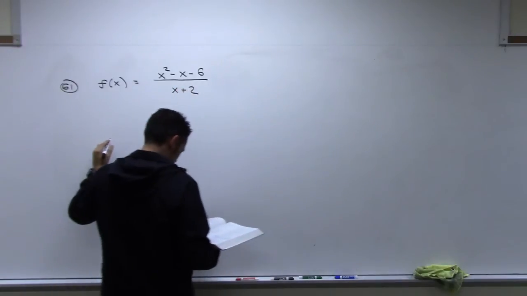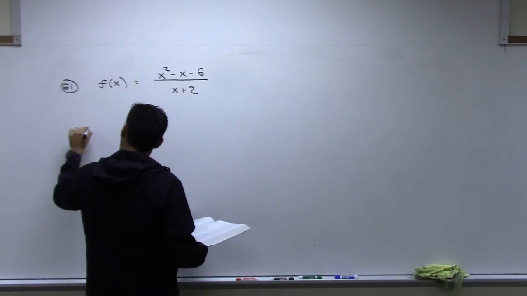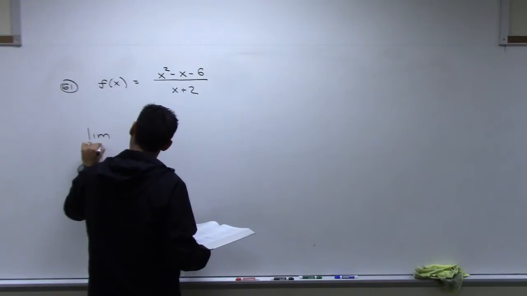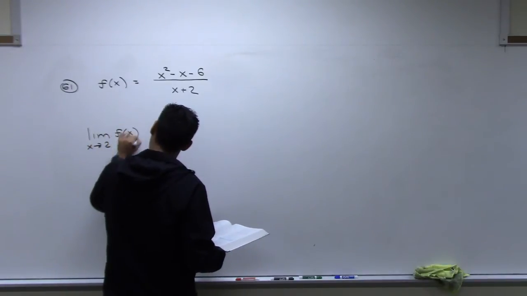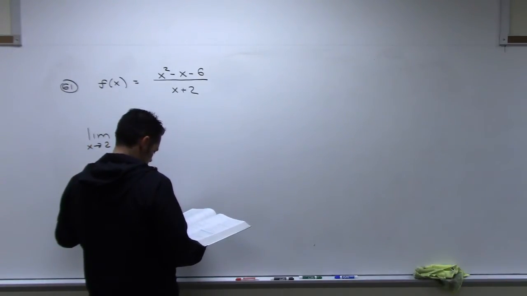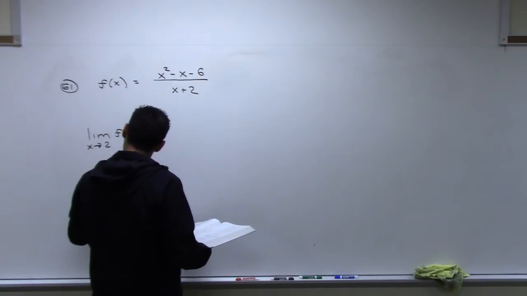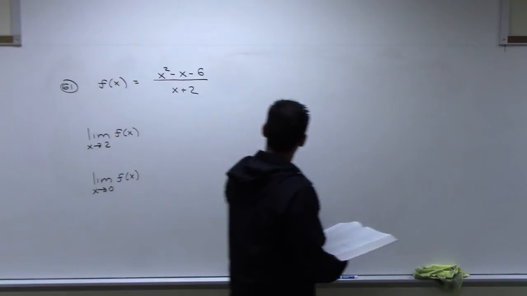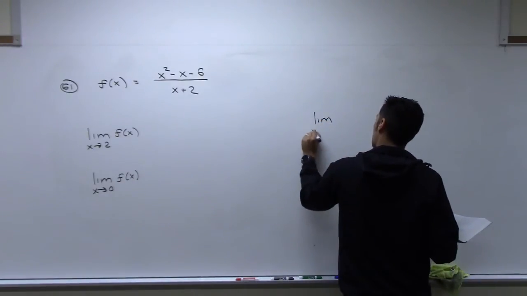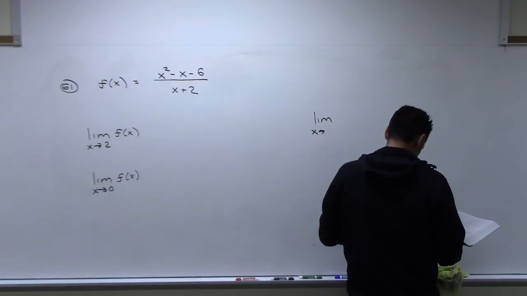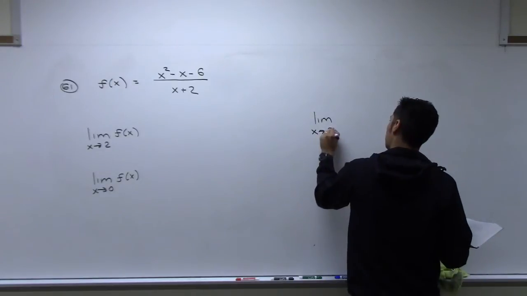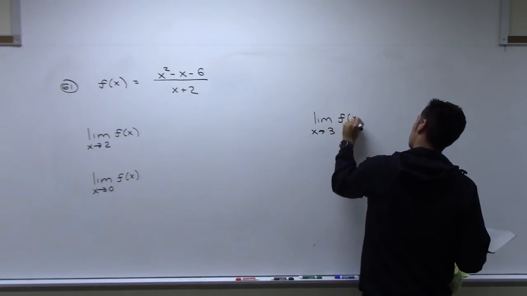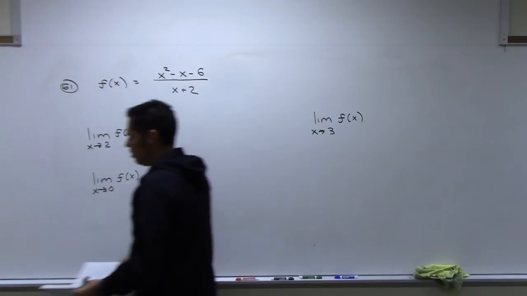We're going to be looking at the limit as x approaches 2 of this function. We're going to take the limit as x approaches 0 of this function. And finally, we're going to take the limit as x approaches 3 of this function. All right, let's start with 2.